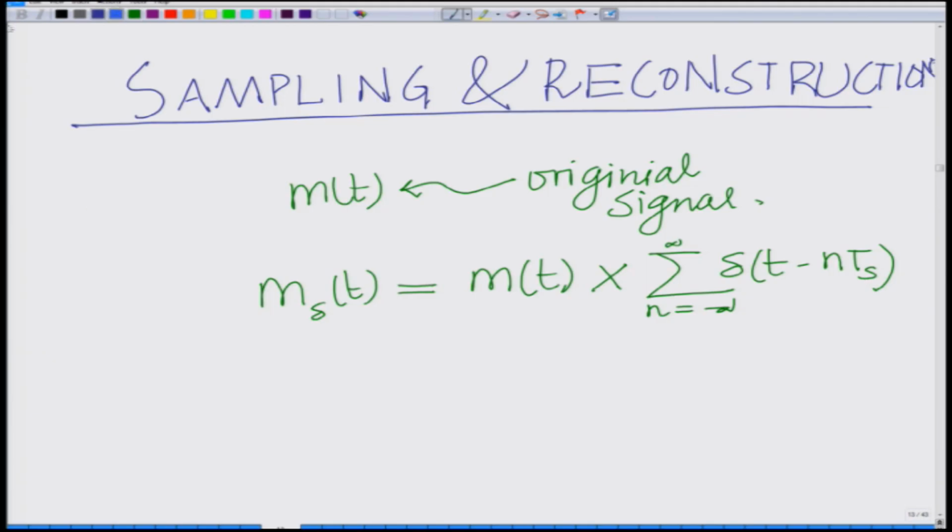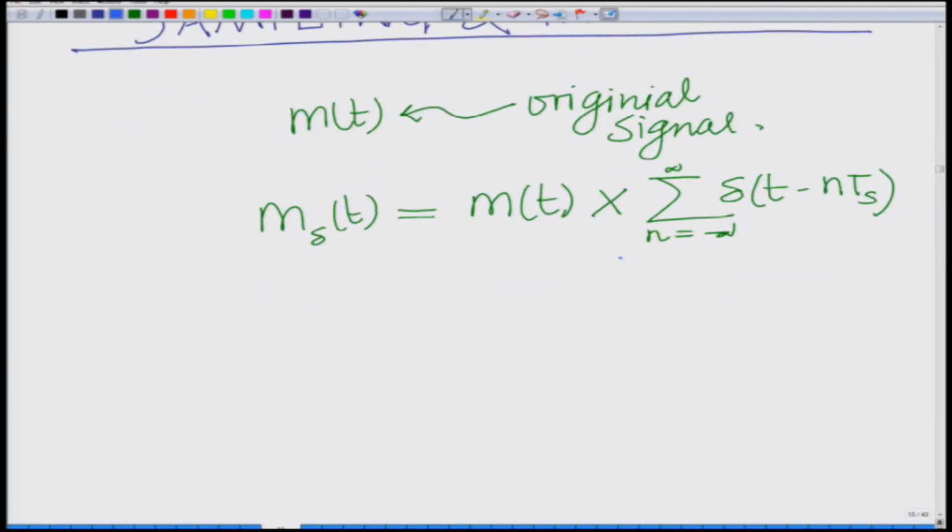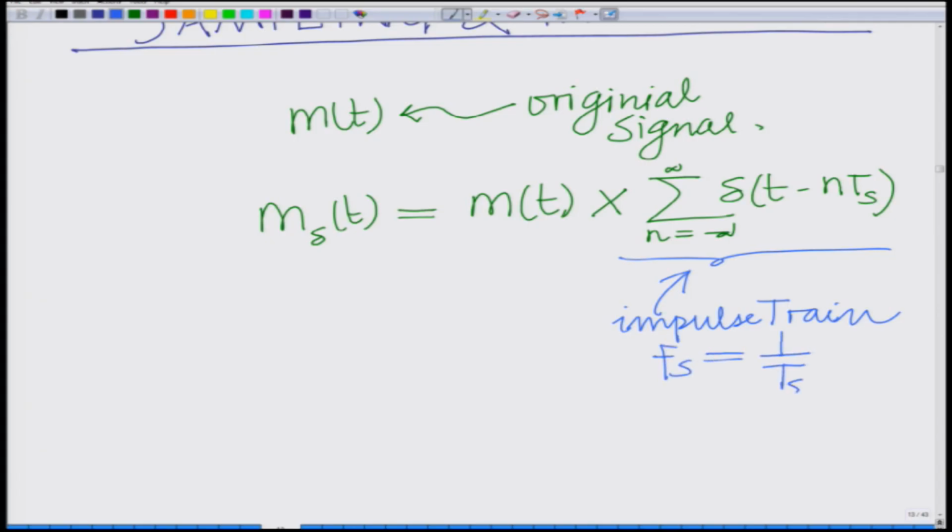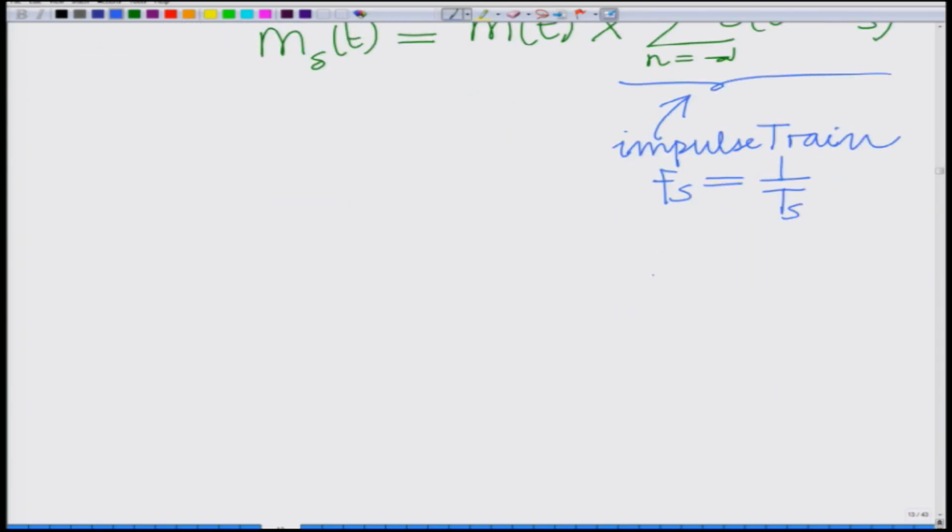This is your impulse train, correct. So, this is your impulse train, which is a series of impulses at every multiple of the sampling time interval Ts, okay, where sampling frequency Fs equals 1 over Ts, okay. Fs is the sampling frequency.